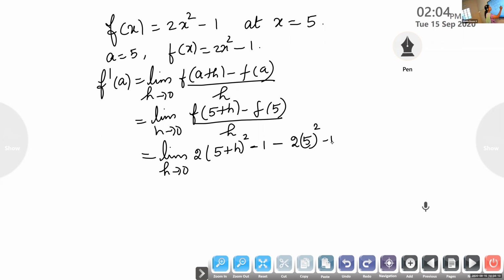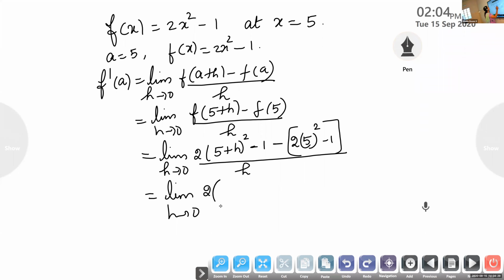Listen children, you have to put the brackets. More than one term is there means you have to put the bracket by h. So that is same as limit h tending to 0, 2 into 5 plus h the whole square. You can expand it using the identity a plus b the whole square.